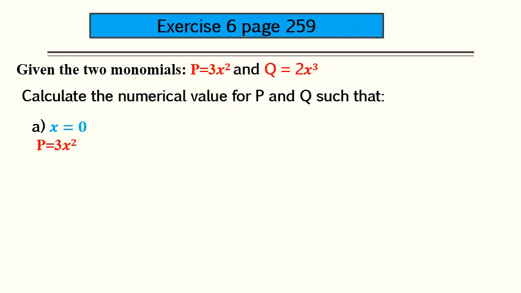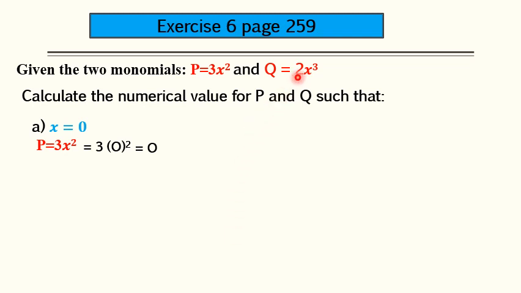Okay, 5m, it's 5 times m. 3x squared, so it's 3 times 0 squared. 0 times 0 is 0, and 0 times 3 is 0. So if x equals 0, then p equals 0. Okay?